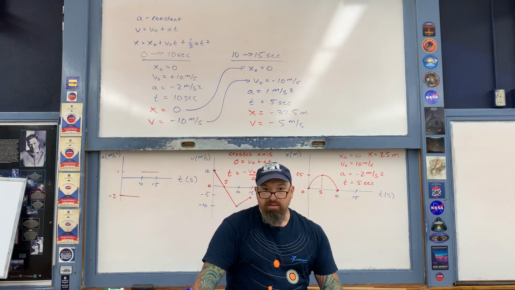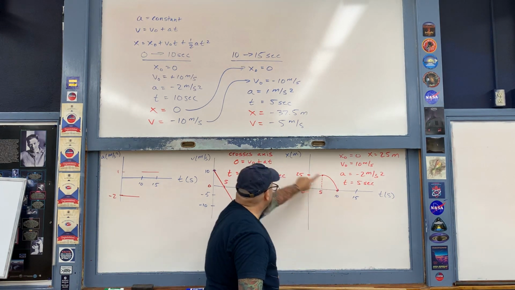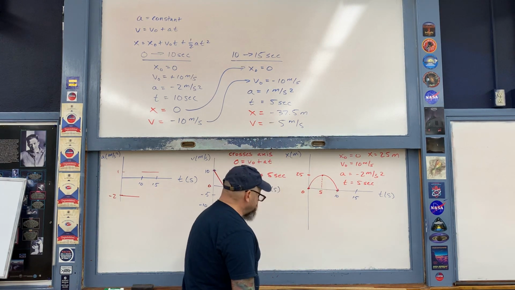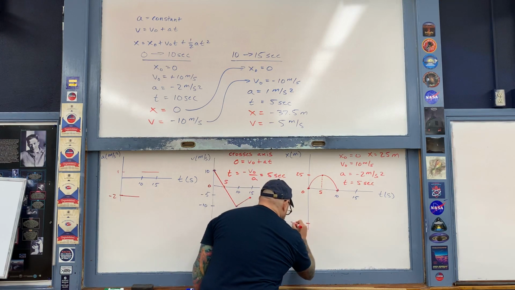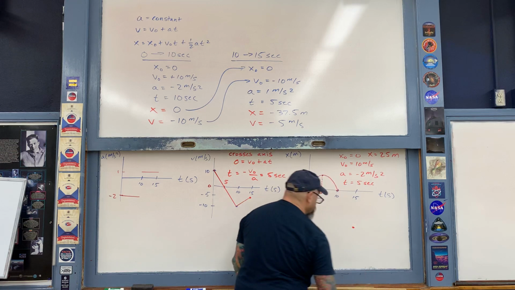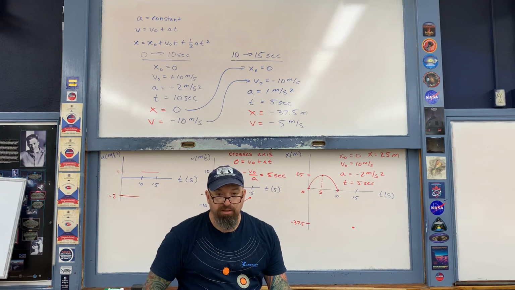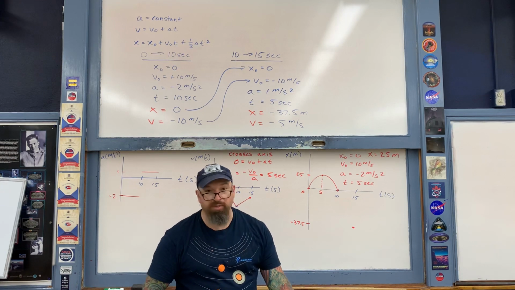And then lastly, for the remaining 5 seconds of the problem, we go from a position here of 0 to a position of negative 37.5 meters. Let's say that that happens to be down here somewhere, like so. And then connecting these 2 points is another parabola. In this case, however, the parabola opens upwards.